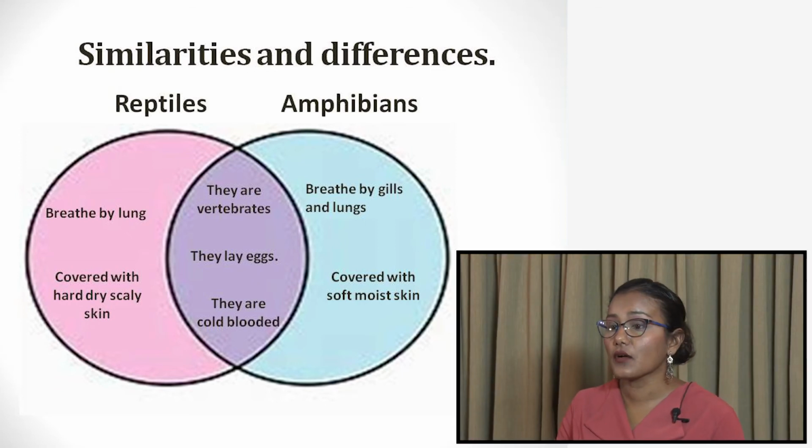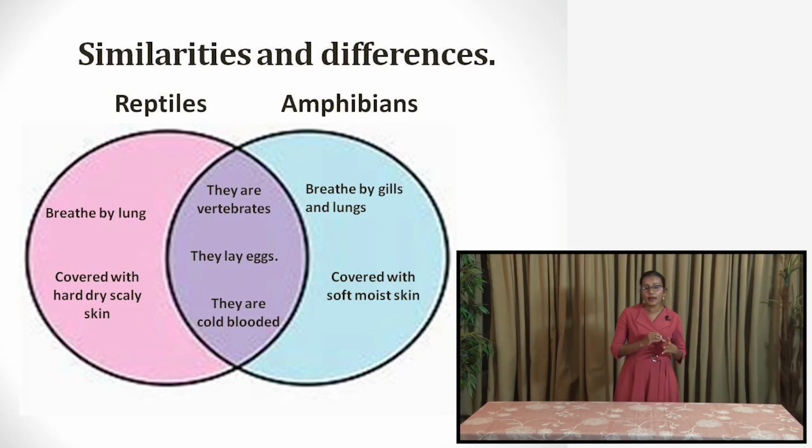The differences now are reptiles breathe by lungs, whereas amphibians breathe by both gills and lungs. Reptiles are covered with a hard, dry, scaly skin, whereas amphibians are covered with a soft, moist skin. So here we have the similarities and differences of amphibians and reptiles.